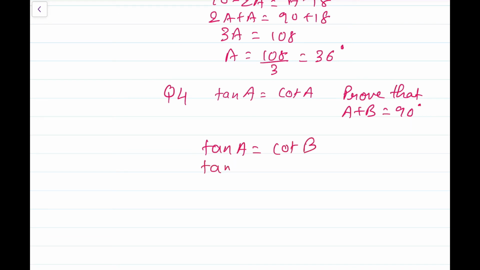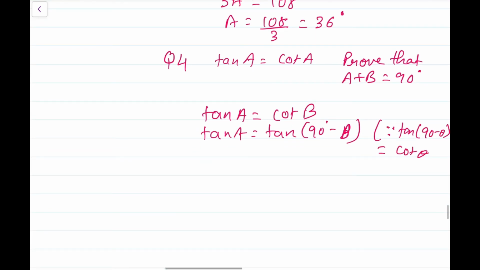Now tan a is equal to tan (90 minus b), because tan (90 minus theta) is equal to cot theta. So I get a is equal to 90 minus b. So a plus b is equal to 90.